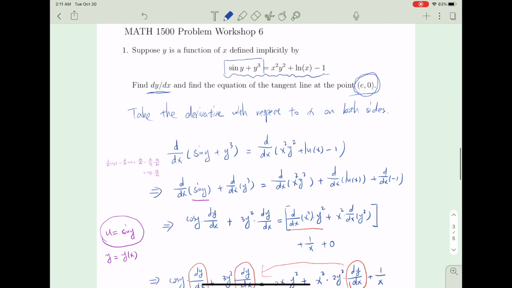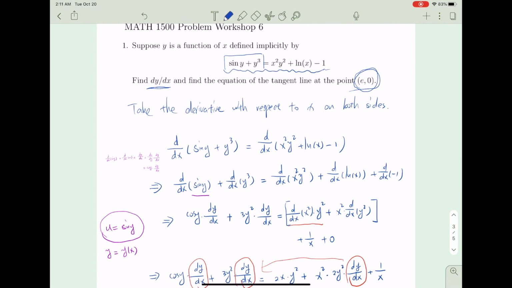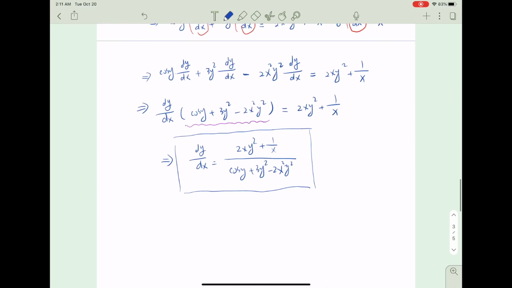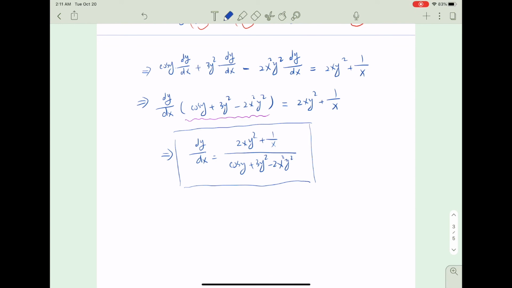So we're gonna find the slope first, and we know that the slope is just the derivative. So we can plug in (e, 0) to this expression here, to find out the dy/dx exactly at this point.